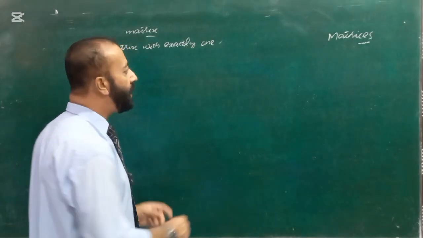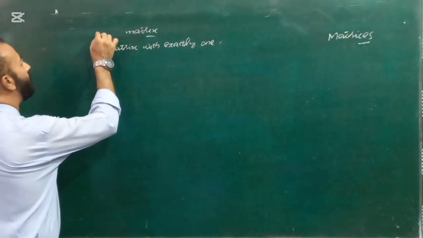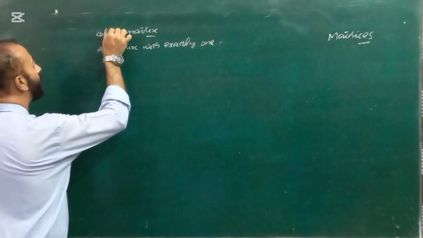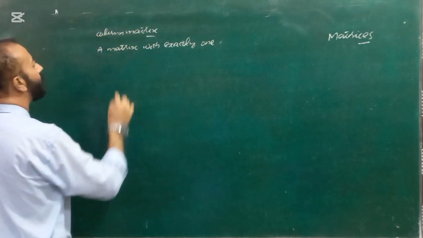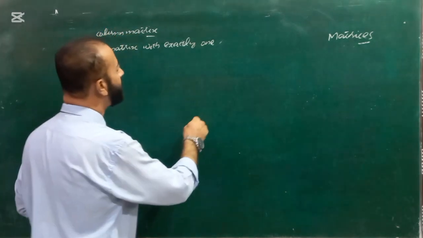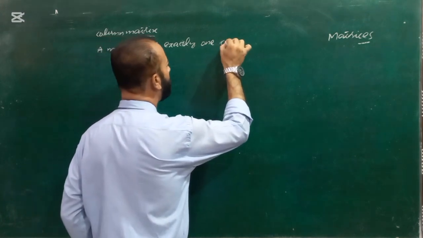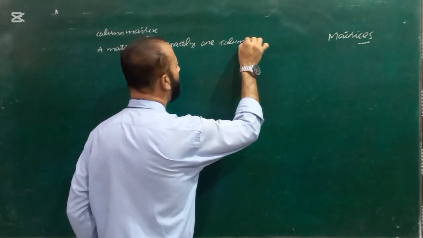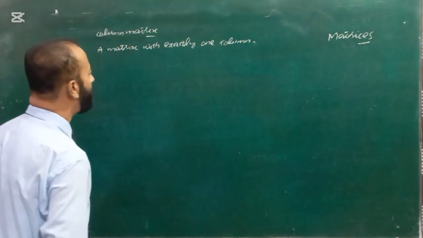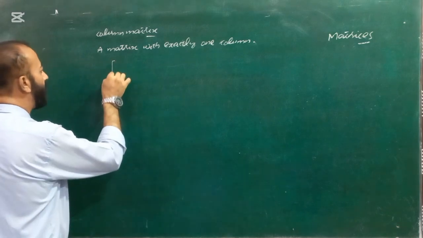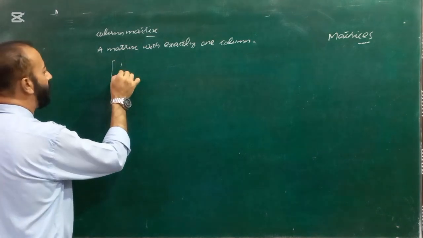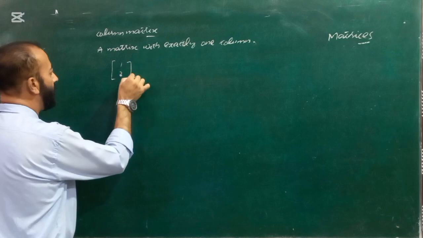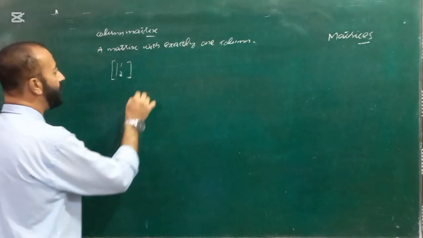The next thing in the topic is column matrix. So a matrix with exactly one column is called a column matrix. For example, here you can see the examples. So for example, 1, 2, you can see only one column is there.